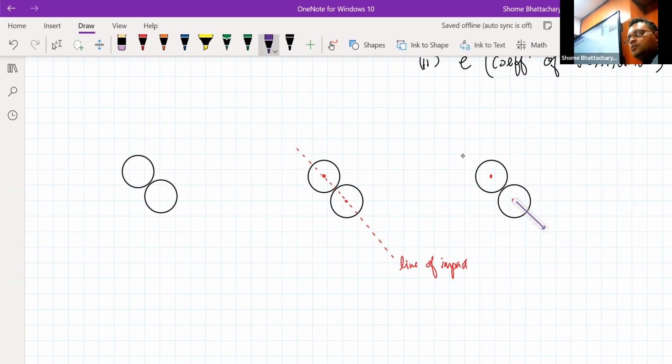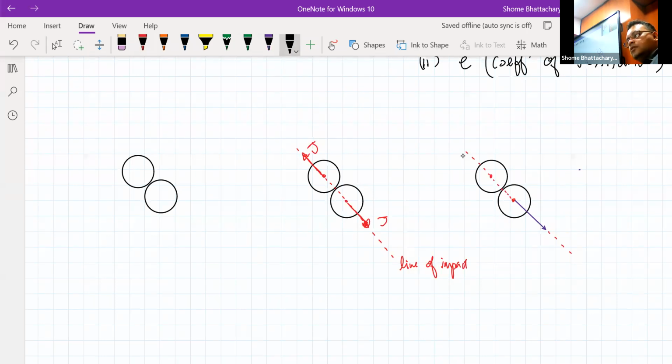Now, the body B was at rest. Because the collision impulse on it acts along this line, and its initial momentum was 0, it has to go off along that direction only. So this one has to go off along this line of impact.